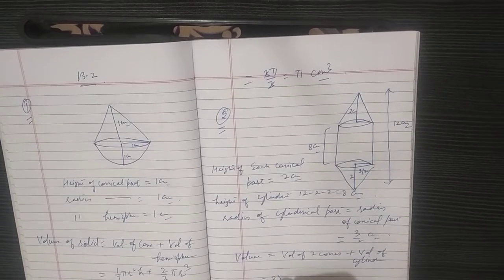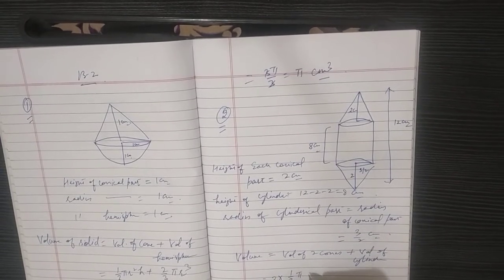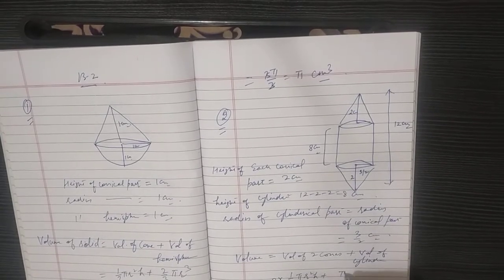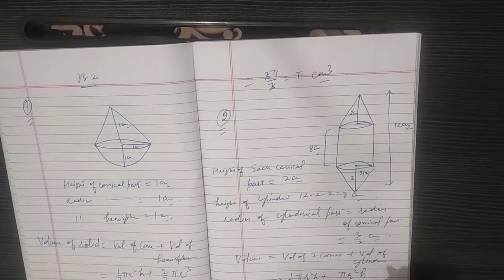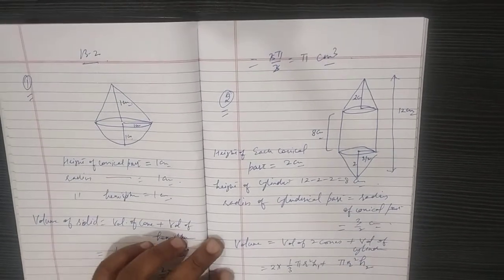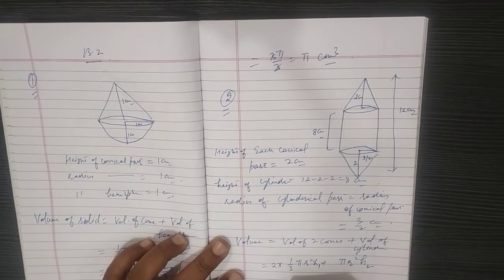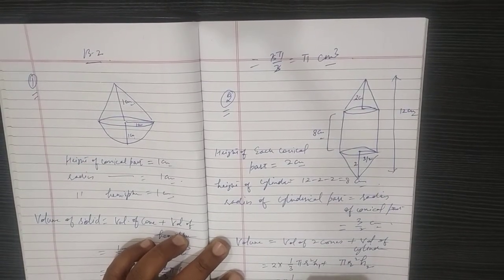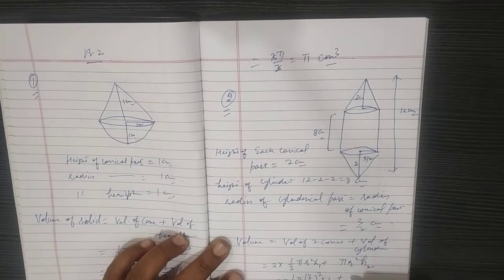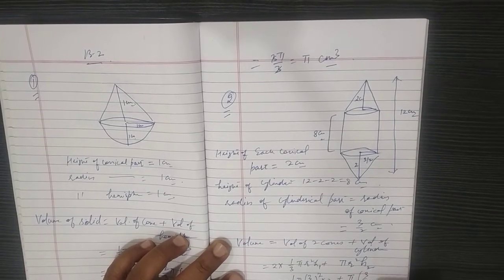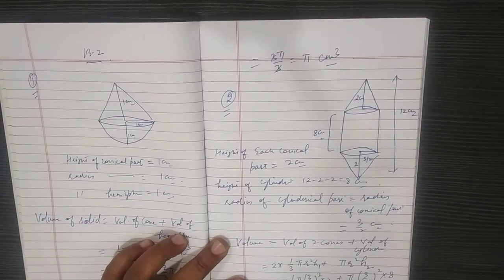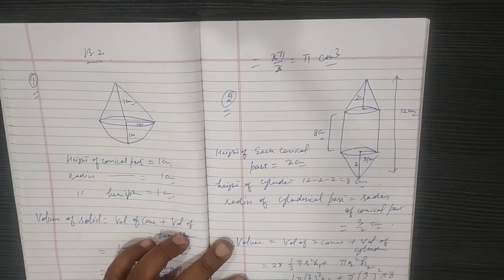Here for two cones, 2 multiply 1 by 3 pi r square h, and volume of cylinder is pi r square h. Let us take this h1 and this as h2. So it will be 2 into 1 by 3 pi into 3 by 2 square into 2, plus pi into 3 by 2 square into 8. We'll simplify it.